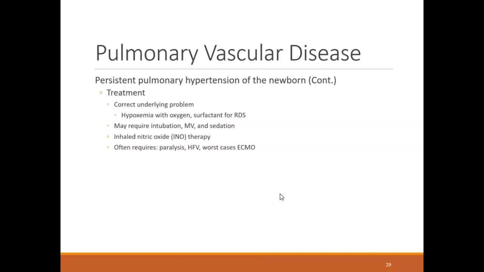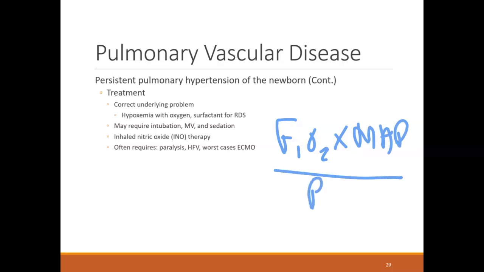Sometimes they'll want you to get an OI on the patient. Oxygen indices are one of those calculations that we do to assess how well the patient's oxygenating. The oxygen index calculation is your FiO2 times your mean airway pressure divided by your PaO2. The lower the number, the better the patient's doing.